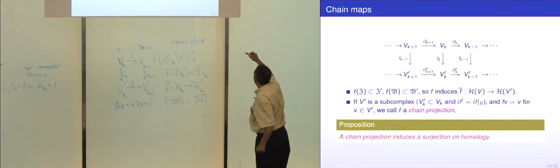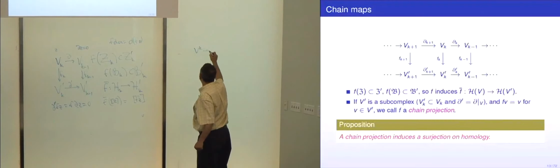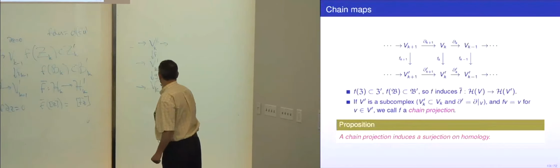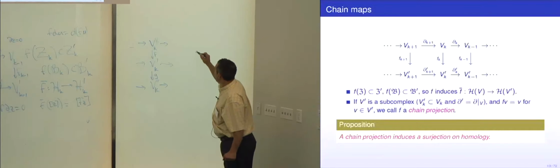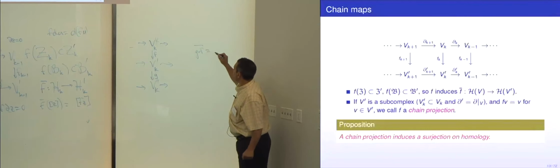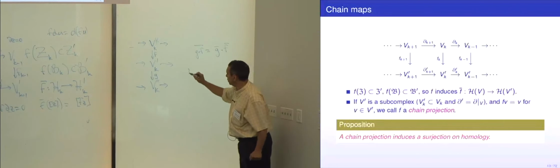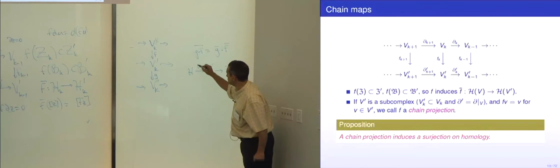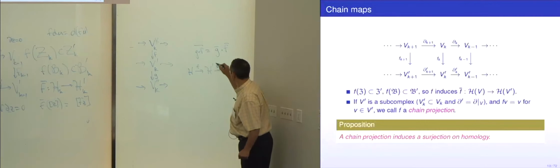If I have a complex V, a complex V prime, and a complex V double prime, and I have chain maps F and G here, then G composed with F creates an induced map, which is exactly equal to the induced map of G composed with the induced map of F, on homology of the first sequence to the second sequence to the third sequence.